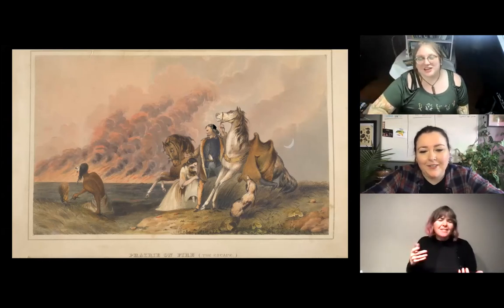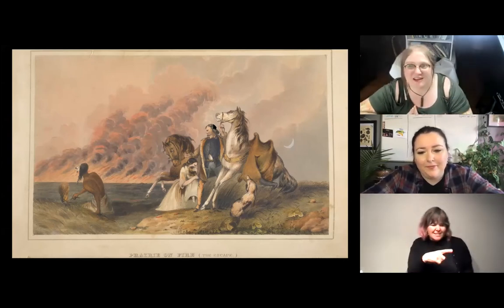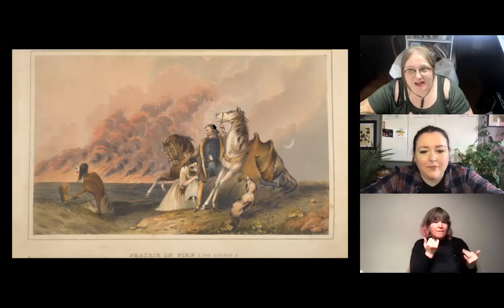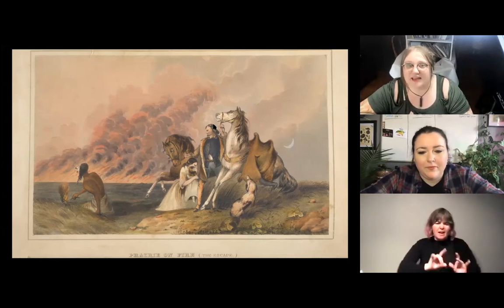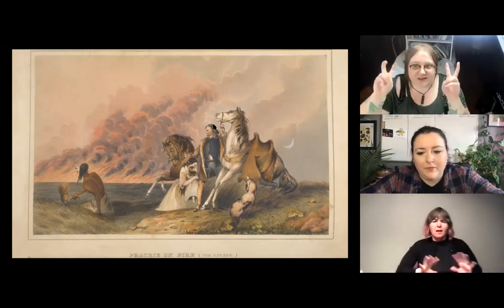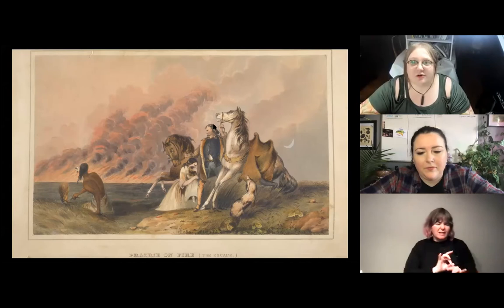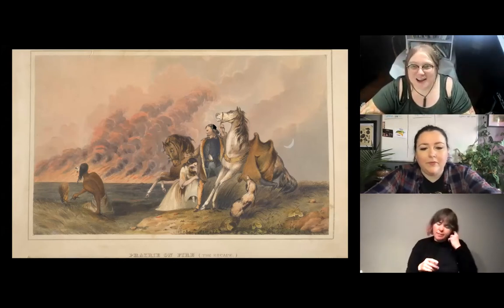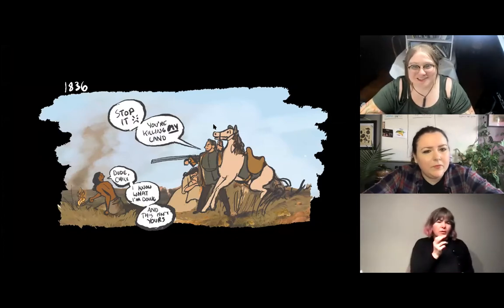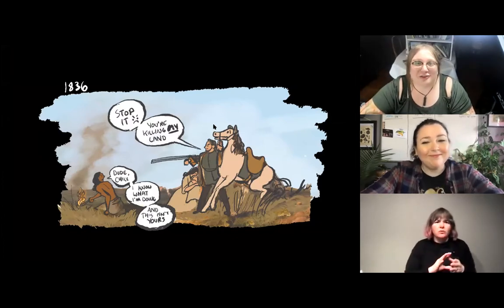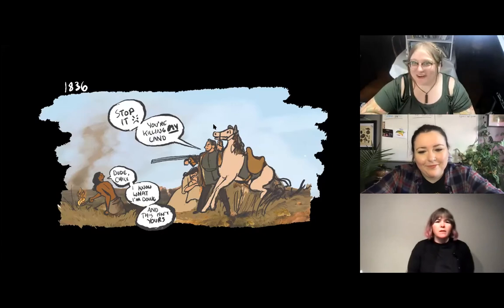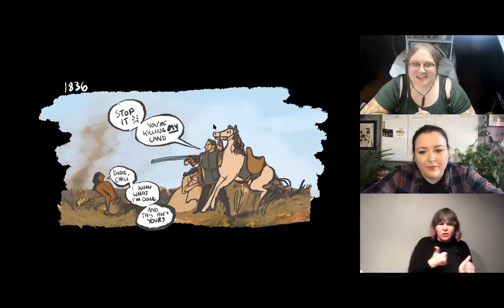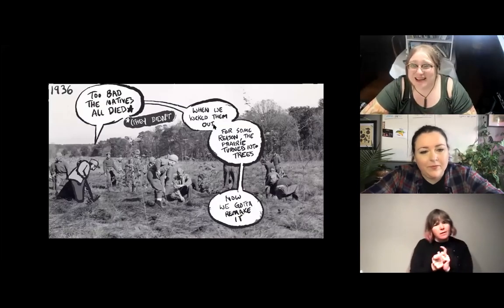And so we can see here in the initial settlement of the tallgrass prairie, fire was a menace, it was violence, it was horror, and it was proof of the savagery, gross word, of the native people of the tallgrass prairie. And so we have this basic little story of this initial horror and hatred and danger, which slowly turns into, too bad the natives all died.